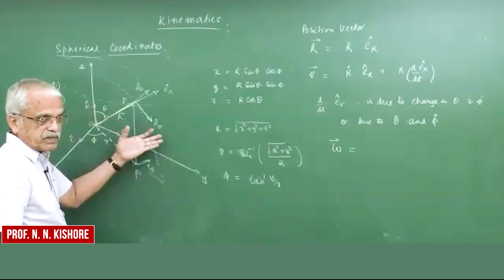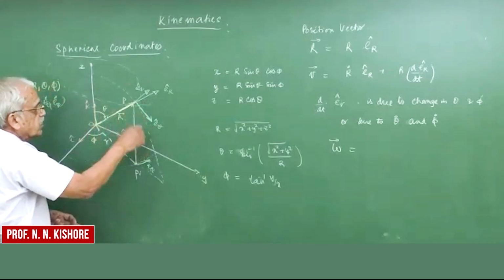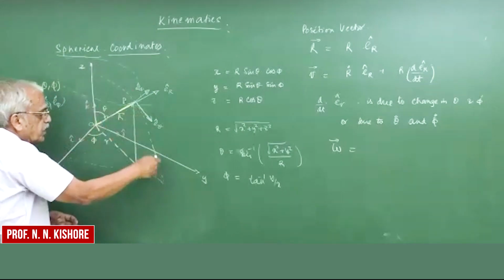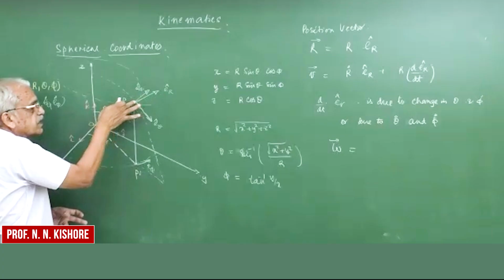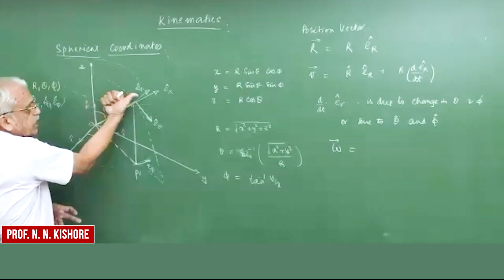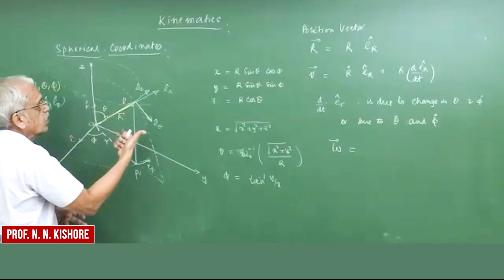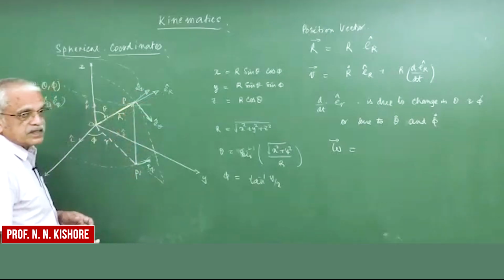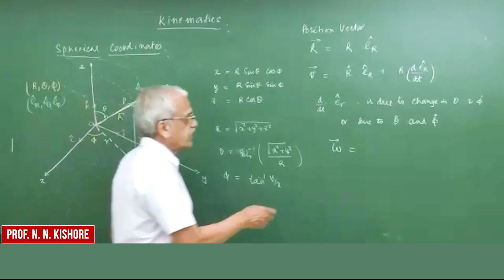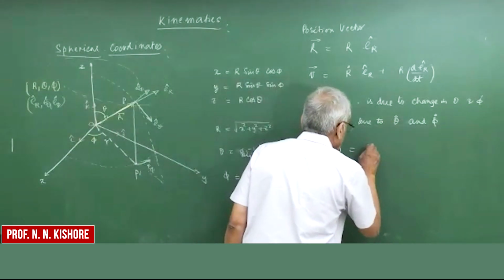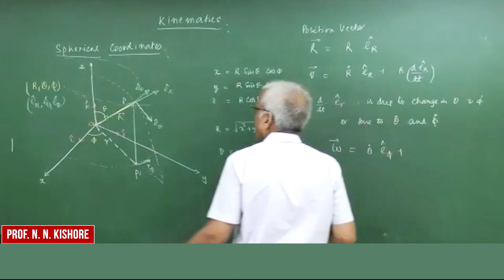Theta dot is the magnitude, but the direction, if it is going in this vertical plane through P, looking at it with the right hand system, it is going to go in the direction of e_phi. So theta dot is really in the direction of e_phi, not e_r.